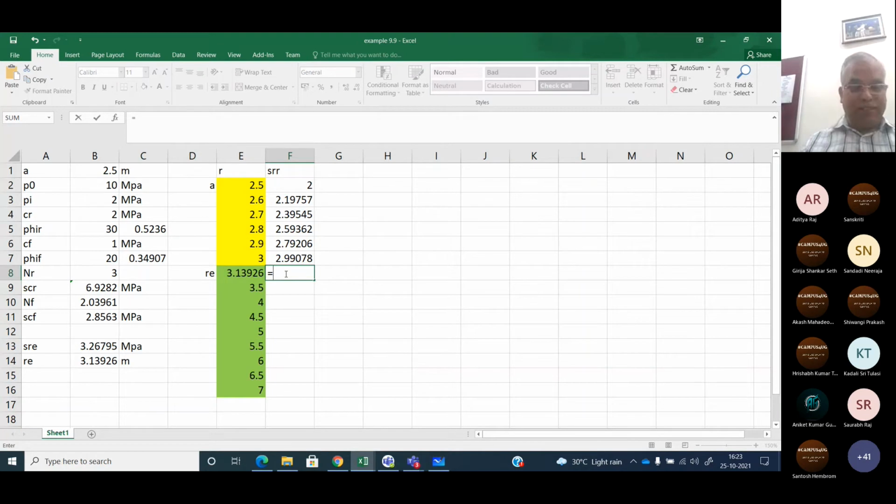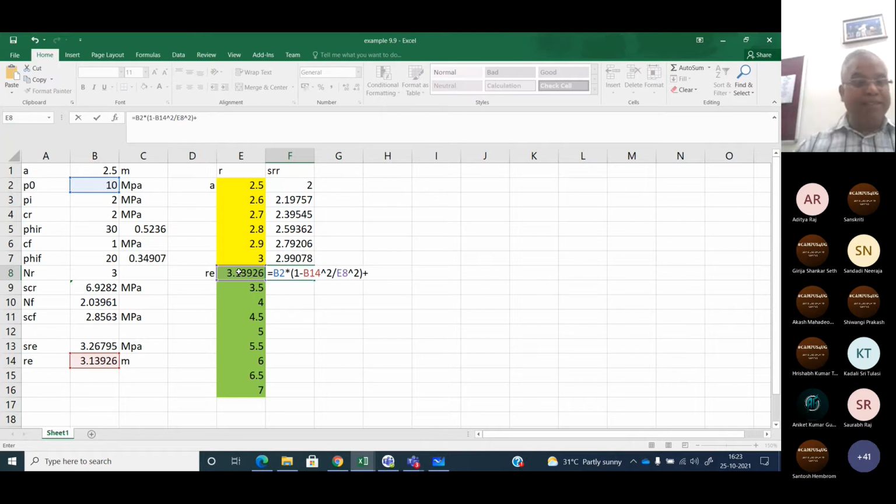So sigma RR is P naught by 1 minus RE square by R square. Remember that this is not A square, now it is RE square. This formula is given in page number 259. So RE we already did that. So RE square by R square, and this is square.